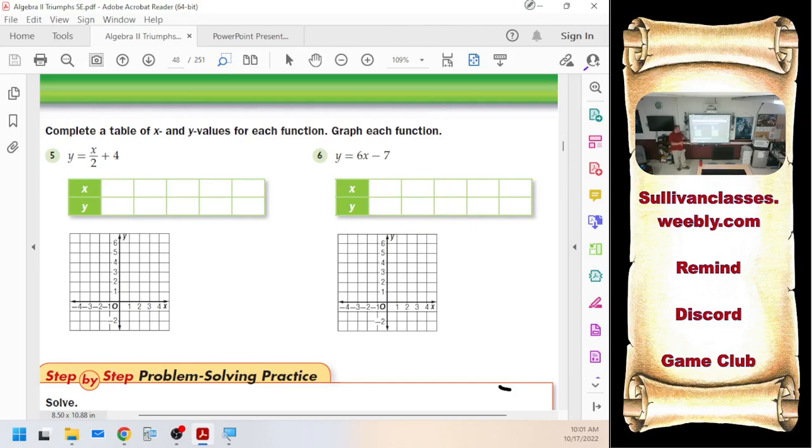So the big gist on these was you're going to let the calculator do the work for you, where you're going to do 6 parenthesis a number minus 7 over and over and over. Let the calculator do the work for you. But what we started getting was, what about if I don't have numbers? What if they didn't even tell me what x's to choose?